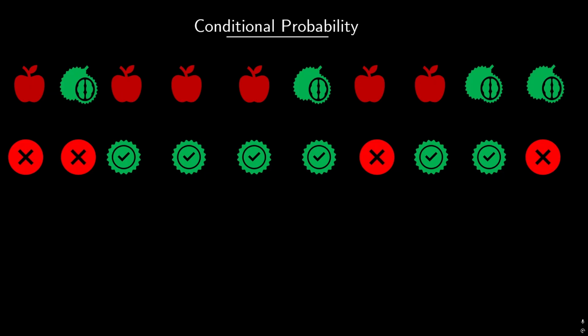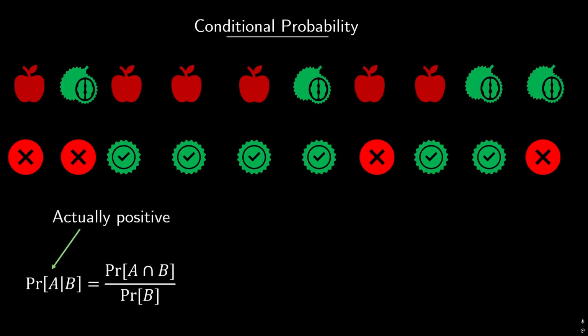Let me show you what I mean. Let's say that I have 10 pictures here, and 6 of them are apples. Our classifier said no, yes, no, yes, no. In other words, it said yes or no to some apples, and it said yes or no to some pictures of non-apples. And we want to find out what is the probability that when our classifier says yes, it actually is a yes. So we want to find out the probability that it's positive when we're promised that the classifier says it is.